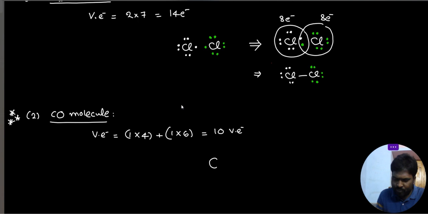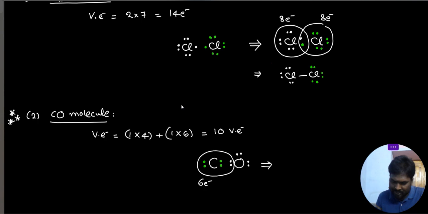Now carbon, group number 4A, has 4 valence electrons, and oxygen, group 6A, has 6 valence electrons. Now just observe, around the carbon how many electrons are there? 6 electrons.